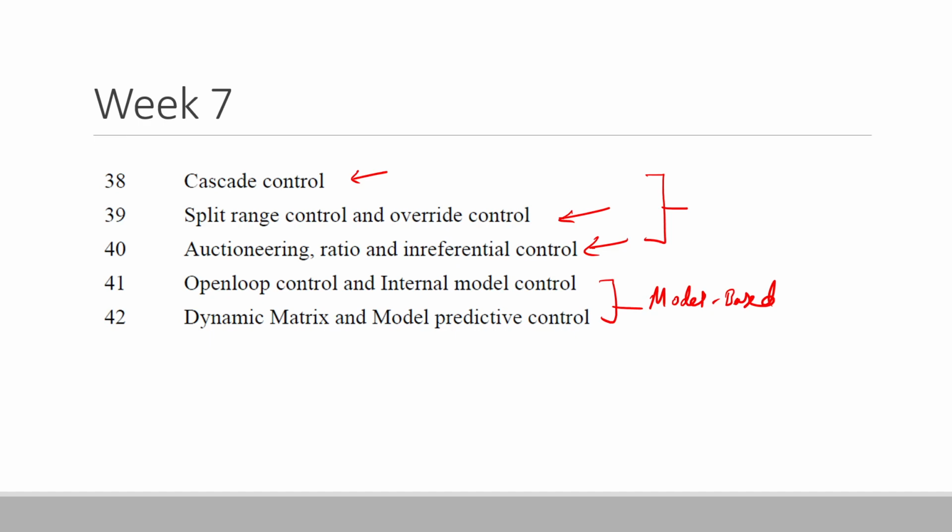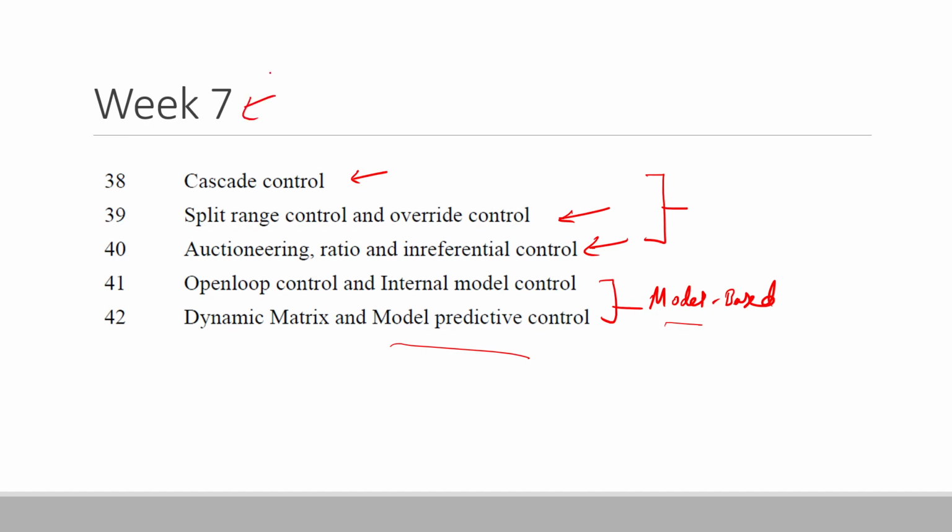So how can we use this model along with the conventional control approaches to get better controllability of the systems? We will be using the model in order to control the system. In that we have open loop control and internal model control, and then fairly advanced techniques, that is, model predictive control and dynamic matrix control. So these are the contents of today's class.